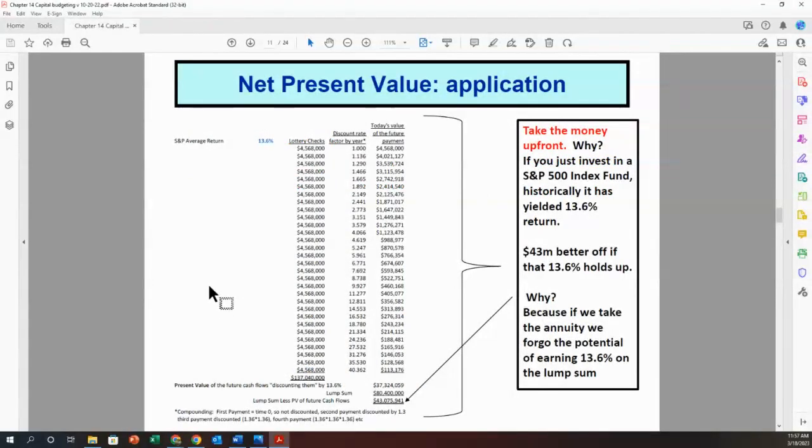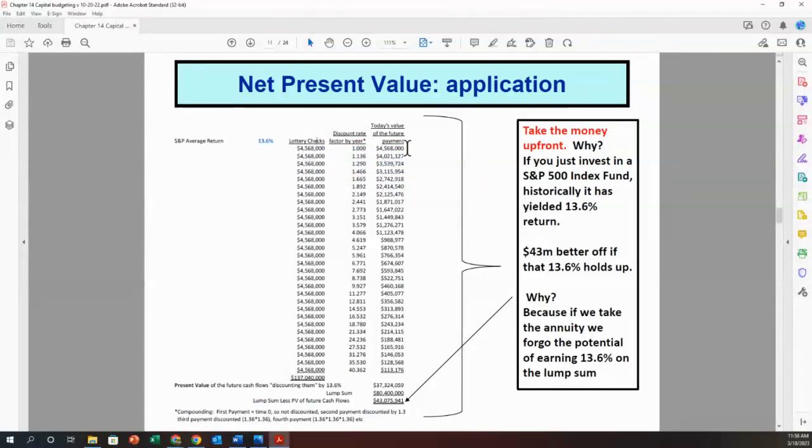Okay, so how do we set this up? We're doing everything after tax. So let's say here's my annuities, 4.5 million. I did everything after tax.